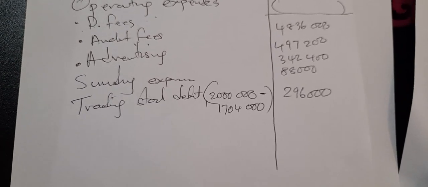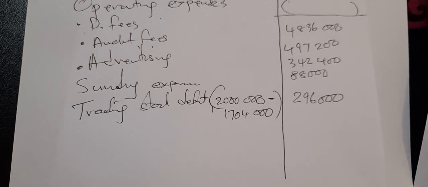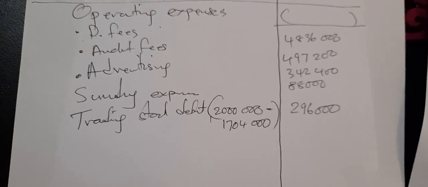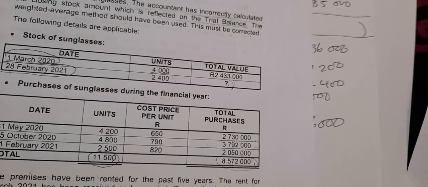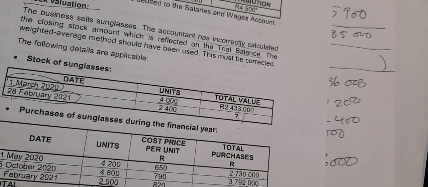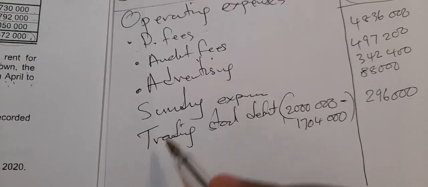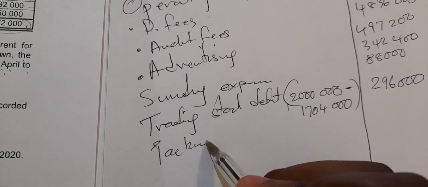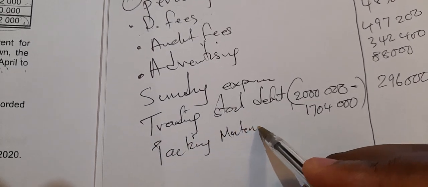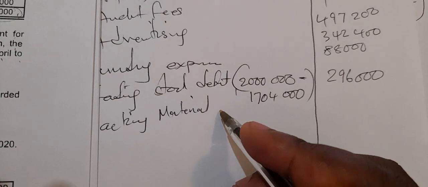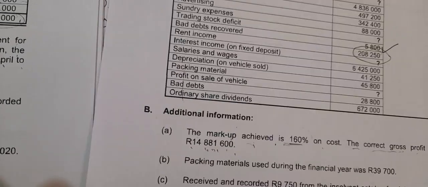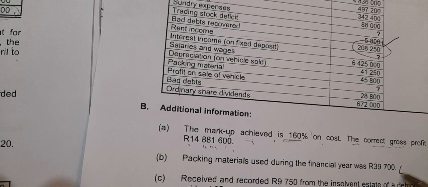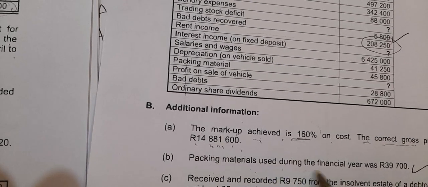Then we also have, let's look for other items, which are our expenses. Then packing material. For packing material, we have no information. We just told you the packing material used during the year.